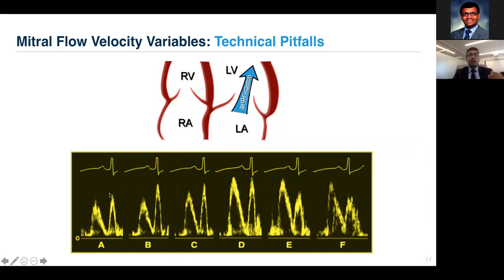E may get lower than the A wave. Look at this A and B, which are more towards the LA cavity. And if you move away into the ventricle, the E becomes dominant. And this may give you some misgivings with regards to an early impression that there is presence of some form of abnormality. So it's very important that it's acquired in the right way.